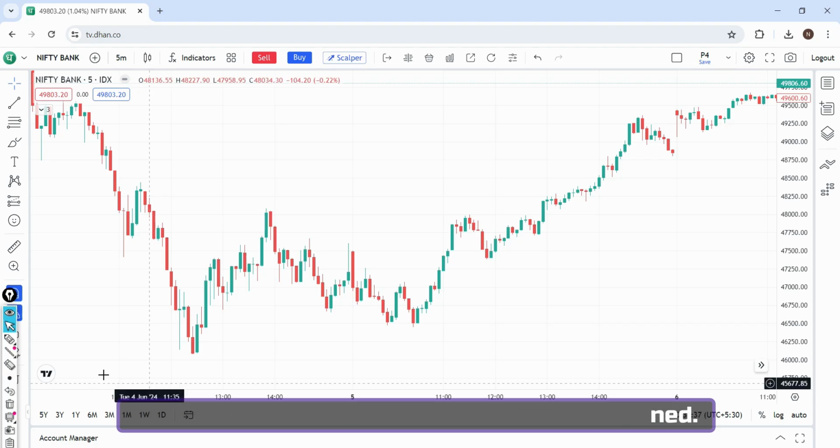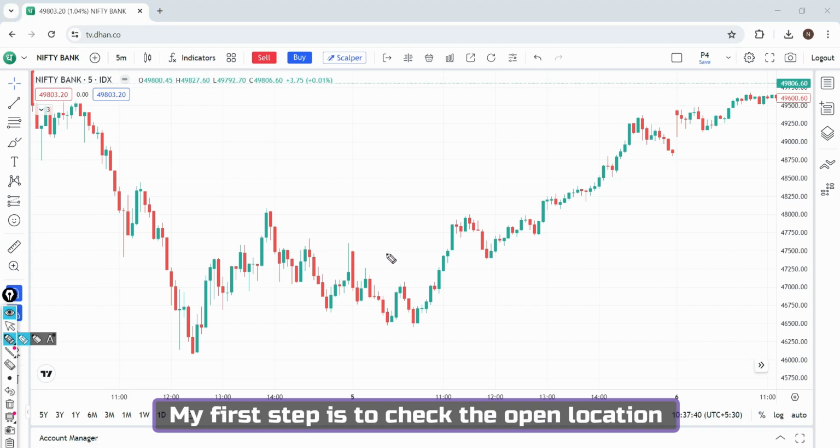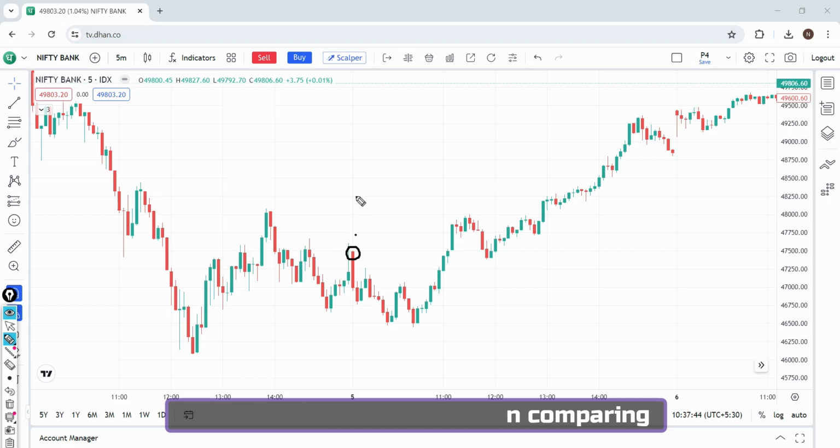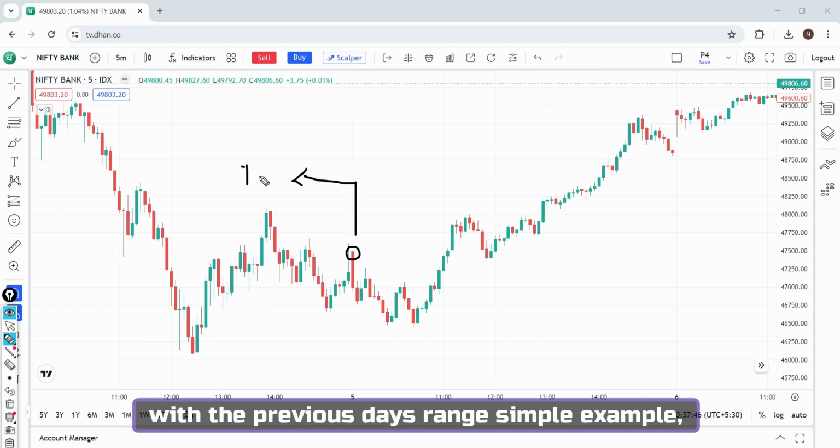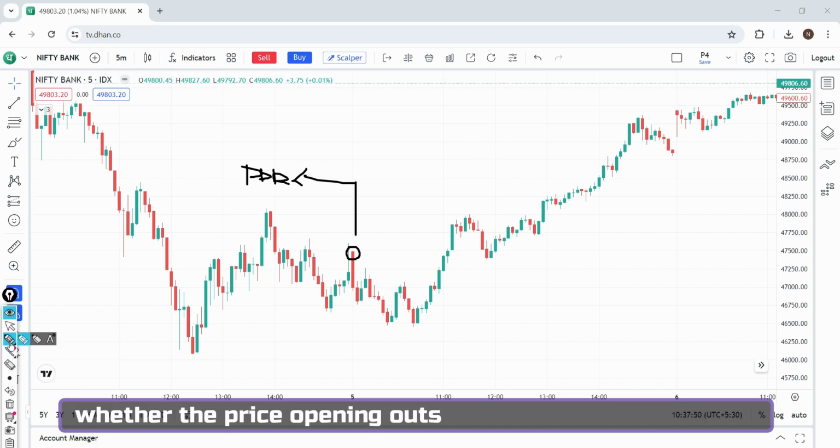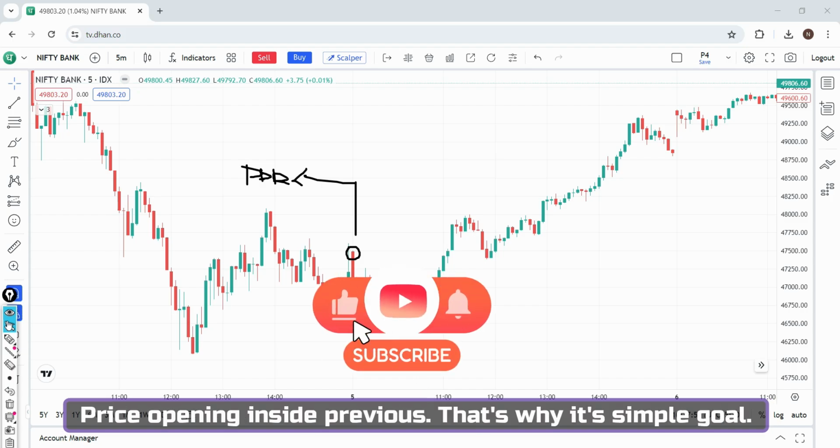Once the market opens, my first step is to check the open location, where the price is opening in comparison with the previous day's range. Simple example, whether price is opening outside the previous day's range or inside the previous day's range. That's my simple goal.